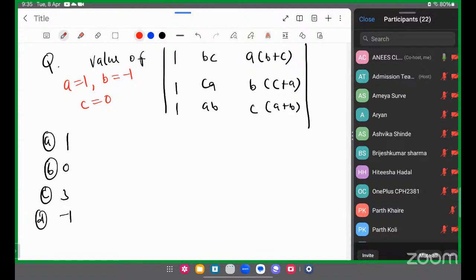But let me do this question by a different method. So in this case, we have here 1, 1, and 1. To simplify it, we can make here 0 and 0 by using transformations. Do you know how to transform a determinant?